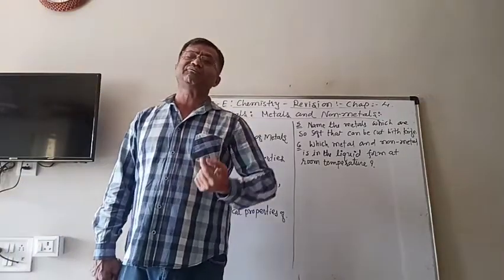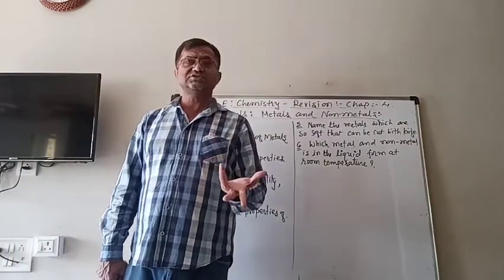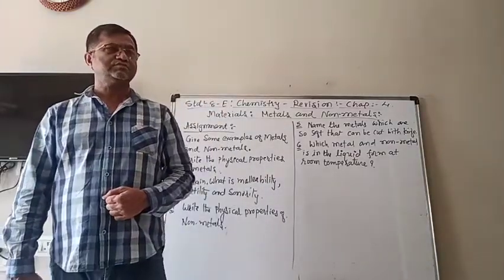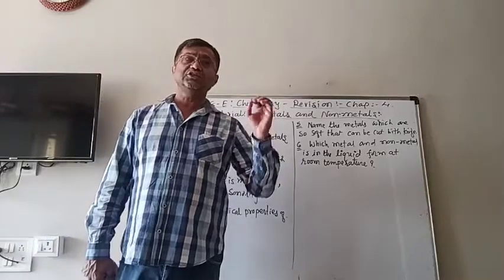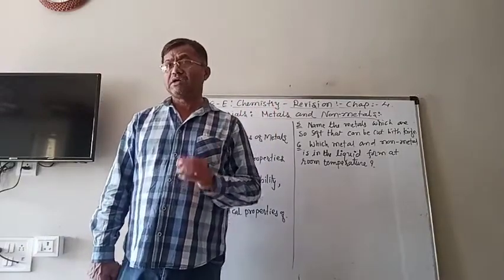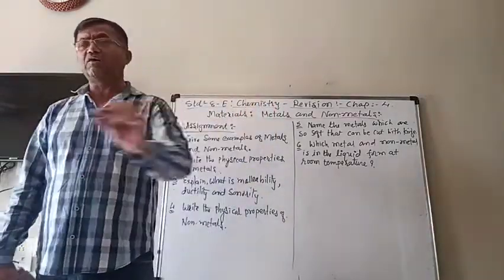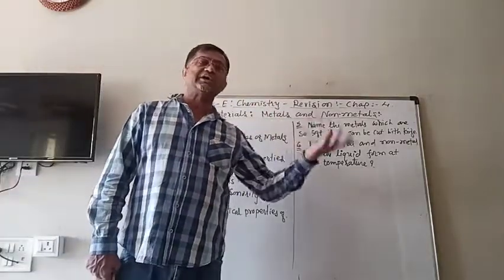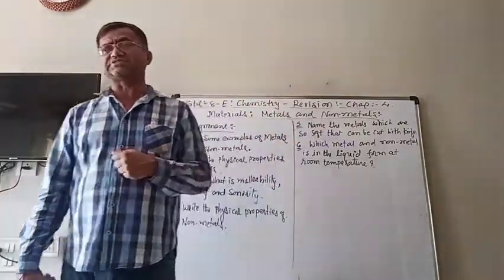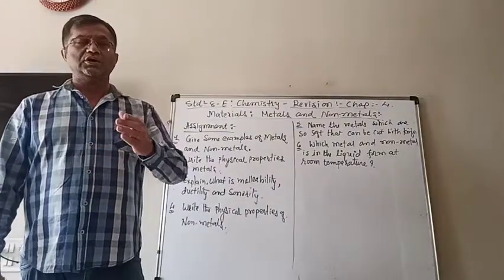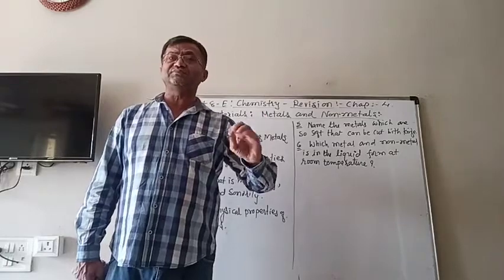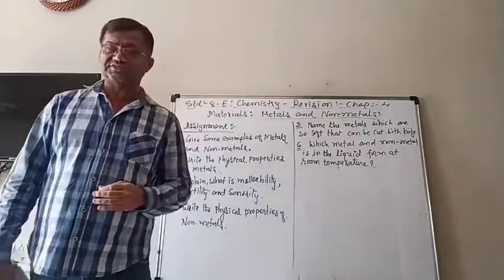Similarly, if you take sulfur, it is not going to make thin sheets. So they are not malleable. Similarly, you cannot make wire from coal or sulfur or hydrogen, nitrogen, which are non-metals. So they are also not ductile.